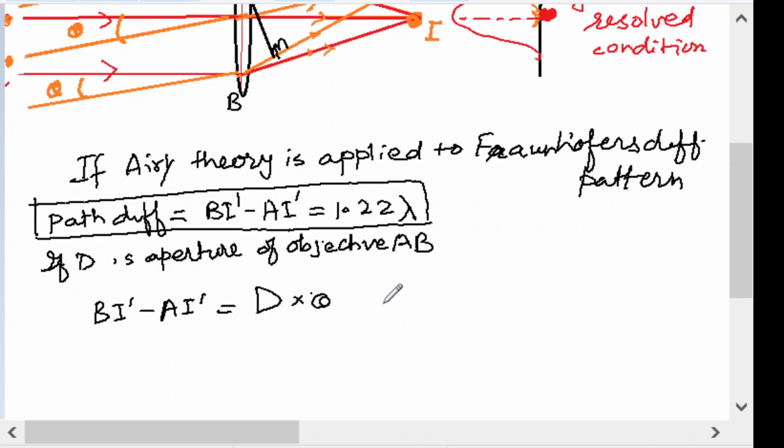Okay, and the path difference is this, and it is given already, that is equals to 1.22 lambda.